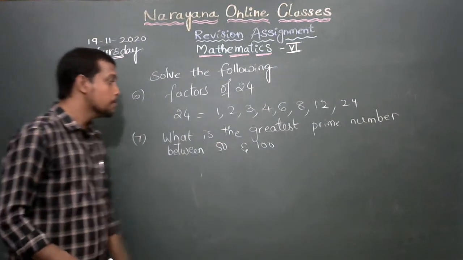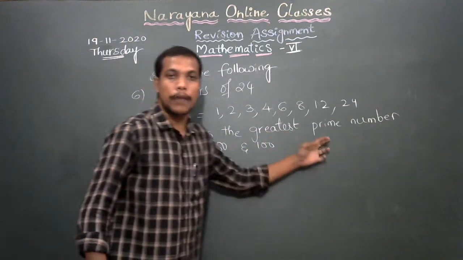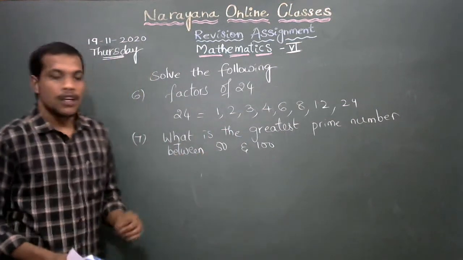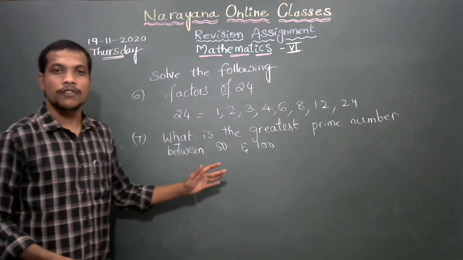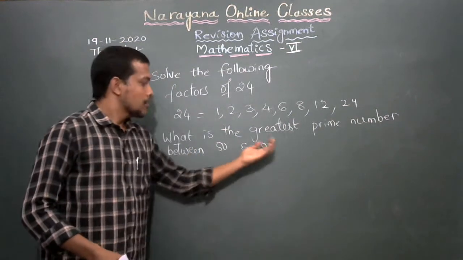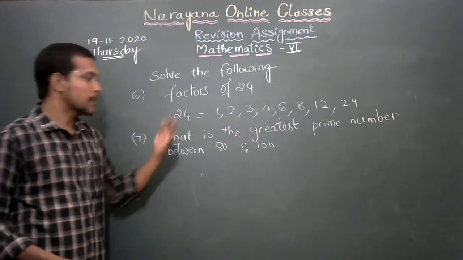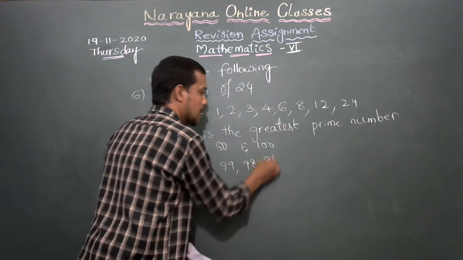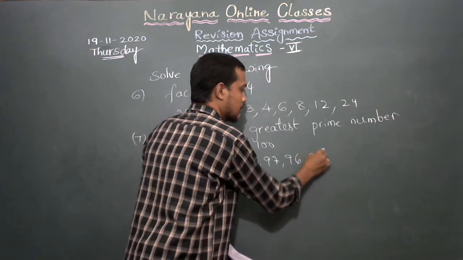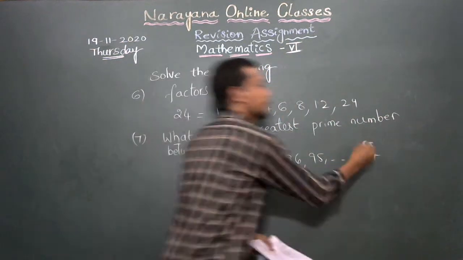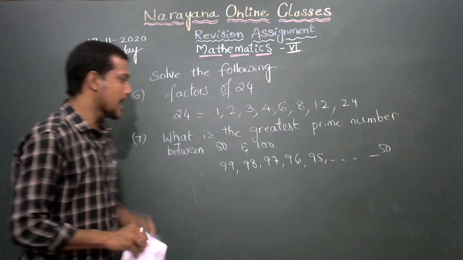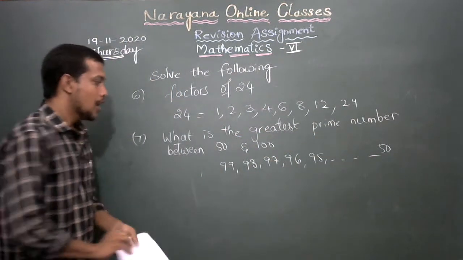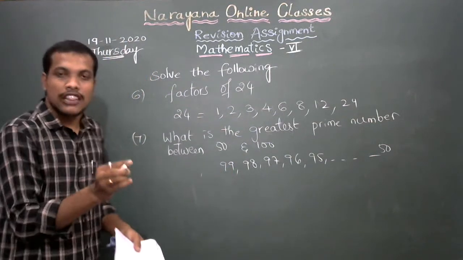So in this question we have to take from 100, that means 99, 98, 97, 96, 95 and so on up to 50. What they are asking is the greatest prime number. Now verify. A prime number is nothing but 1 and itself.